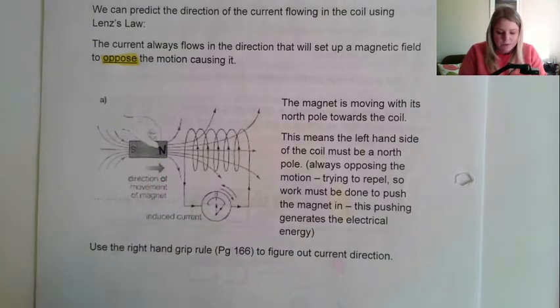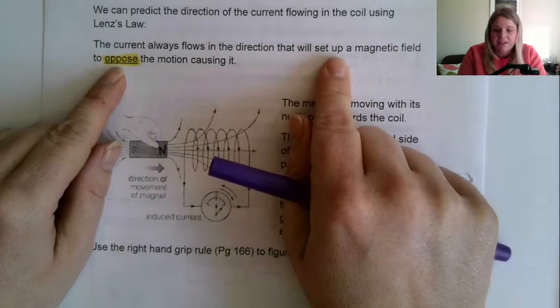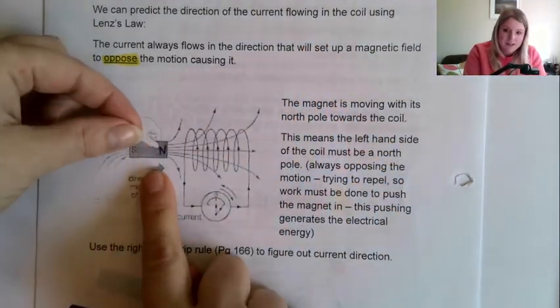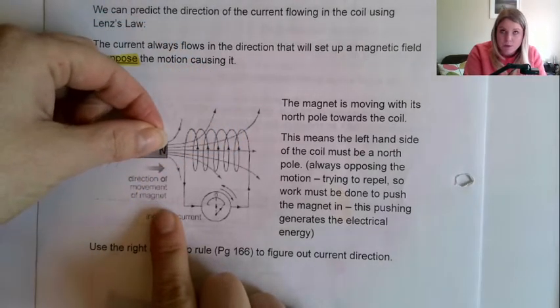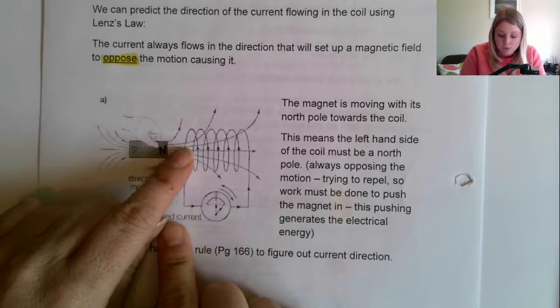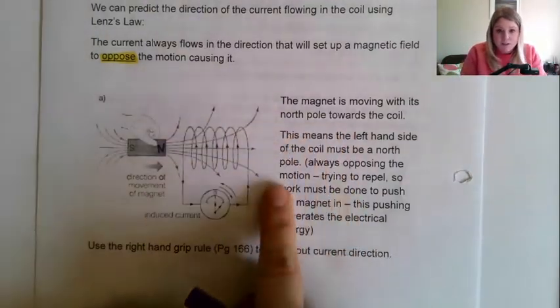Now, do you remember this? The current always flows in the direction that will set up a magnetic field to oppose the motion causing it. This hand is pushing this magnet in. So if we're thinking what's going to oppose that, then it must mean that this side of the coil is a north pole, because then they're repelling each other and it's opposing. That's just what it says here.